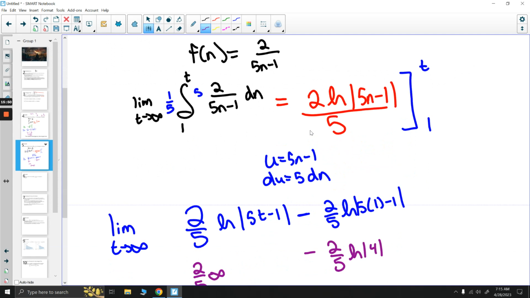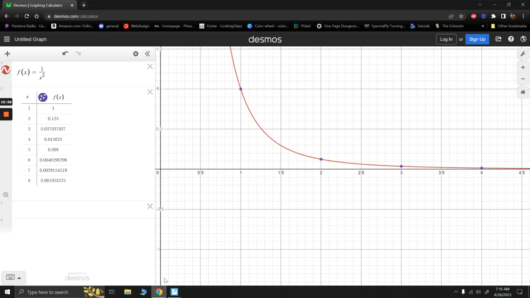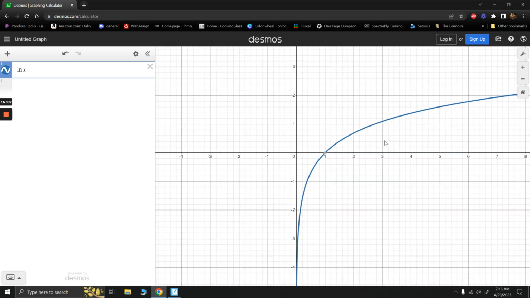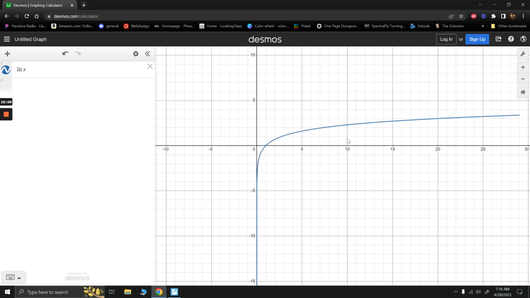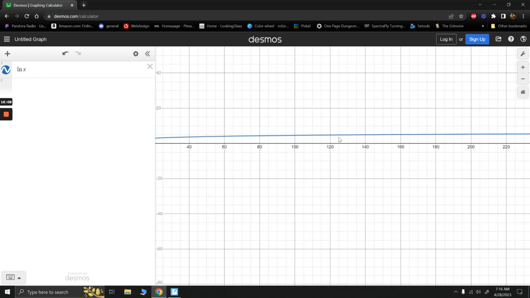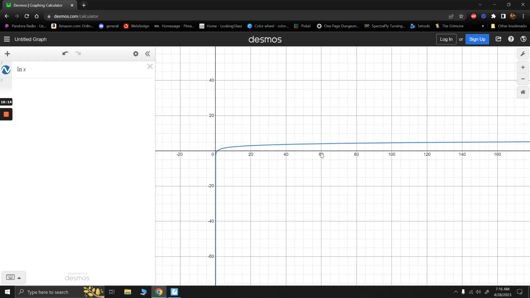Okay. Now, a few things to note is that even though logs are logarithmic growth, which, if you think about it, is very slow. That's kind of one of its purposes. It grows incredibly slow. But that does not mean that it doesn't grow forever.